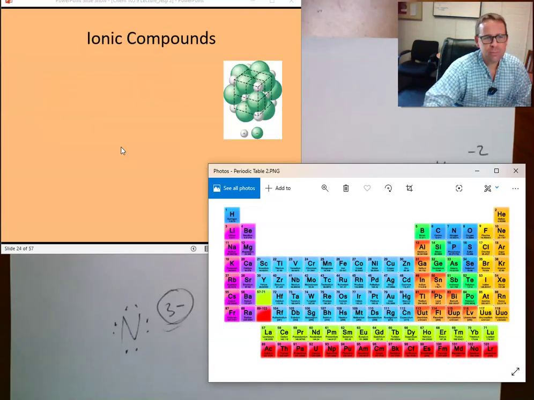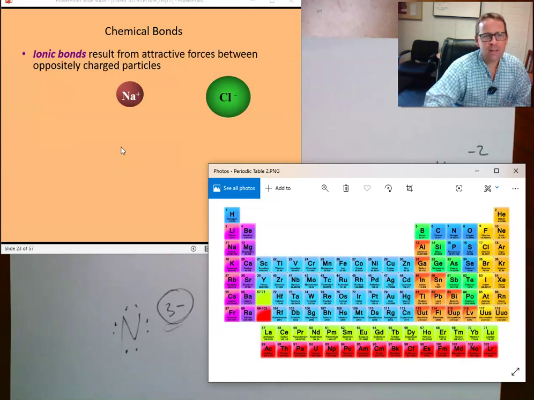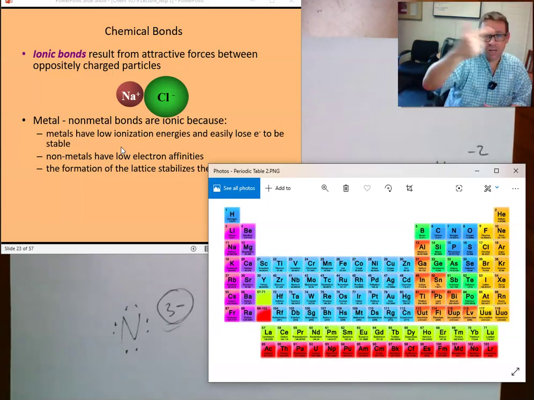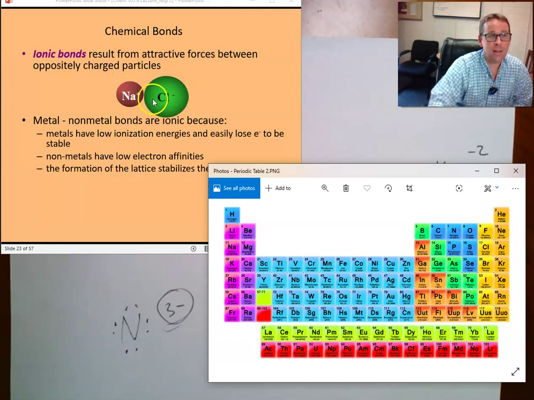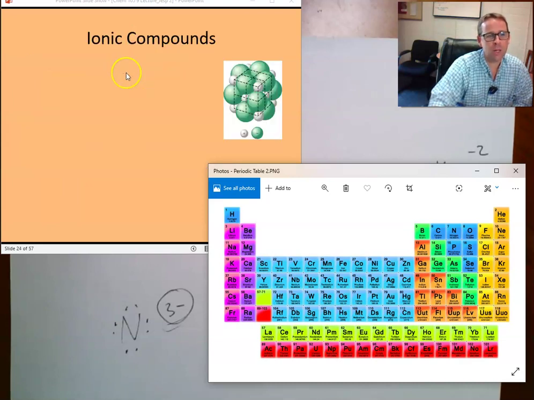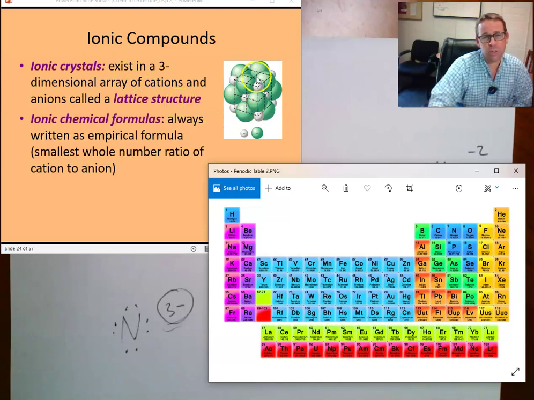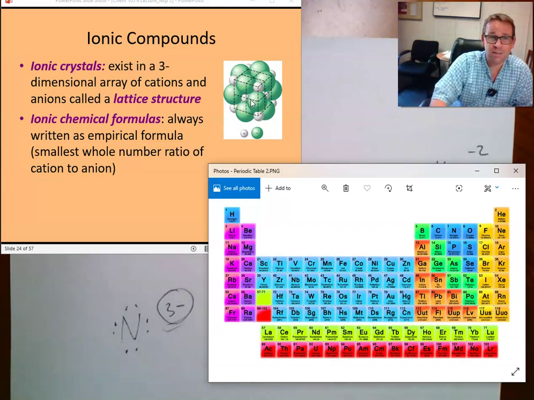Ionic bonds, they form when ions come together, right? When ions come together, and they come together because there's been an electron transfer, right? So the resulting bond is an ionic bond, a bond between oppositely charged ions. And we talked about this lattice structure, which becomes so strong because all of our ions have many neighbors.